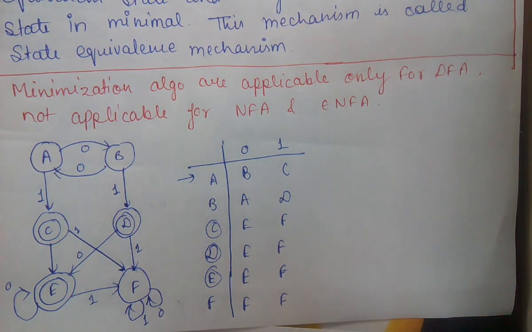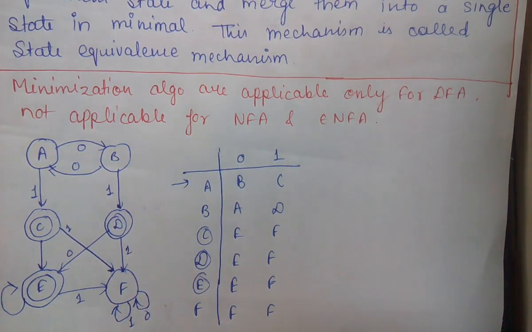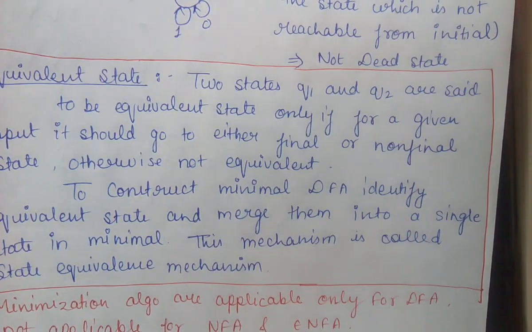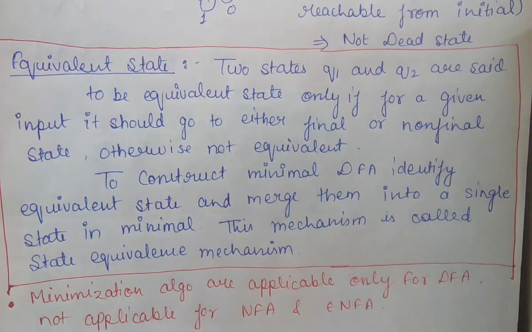Okay, now for minimization of DFA, what is the main thing required? We have to find the equivalent states. Equivalent states means that if we have two states Q1 and Q2, then these two states are said to be equivalent only if for a given input they both go to either final states or non-final states. Otherwise they are not equivalent.